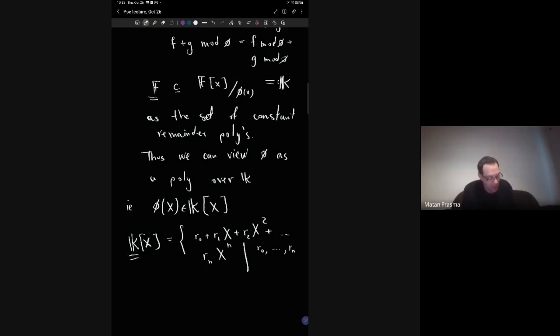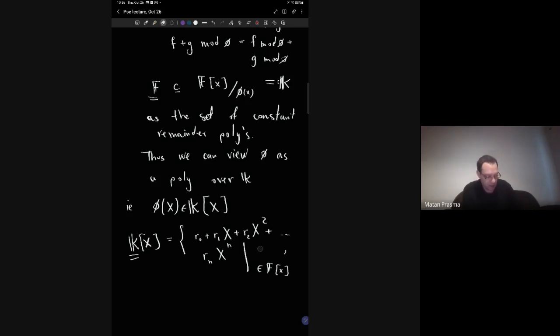They need to be elements in K. But K is the set of all remainder polynomials. So R0 up to Rn need to be polynomials over f in the small x indeterminate.